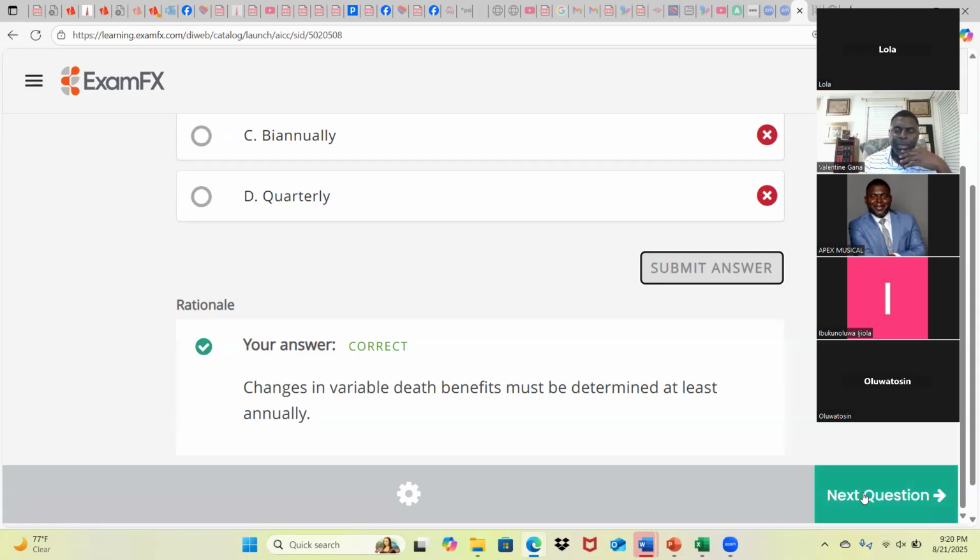Can I ask a question on a variable annuity? There's no guarantee, correct? There is no guarantee. And the investor bears the burden, not the company. Correct.